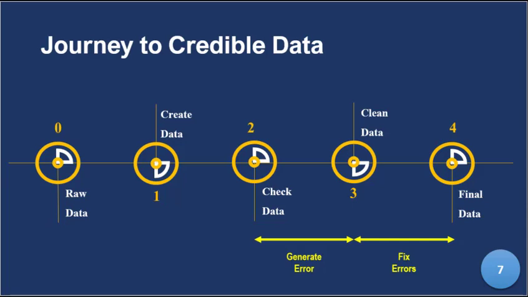So this is how it works. You need to check your data and you generate errors, so you collate them. As you're generating the errors, you're collating them. But when you have now seen the errors, you have to find a way of fixing them.